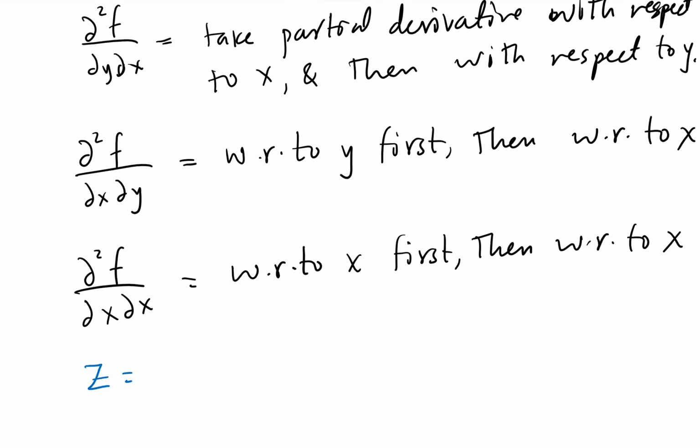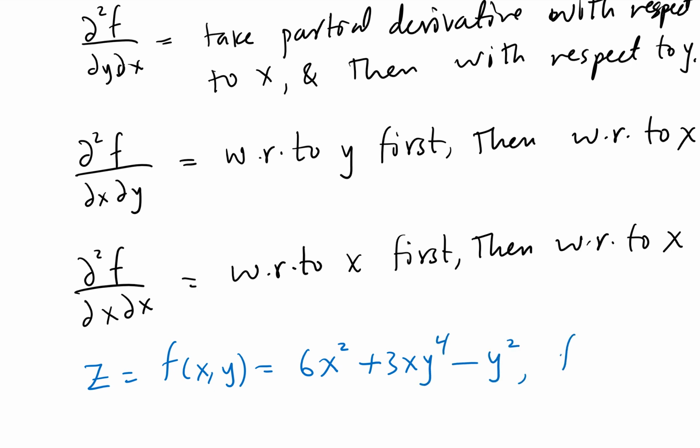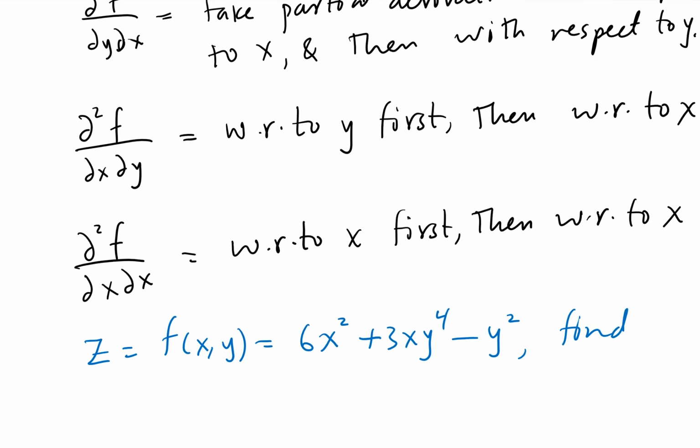To see an example on this, 6x squared plus 3xy to the fourth minus y squared. Find... just so you know, this one here, you can write it as fxx. This is fyx, and this is fxy.